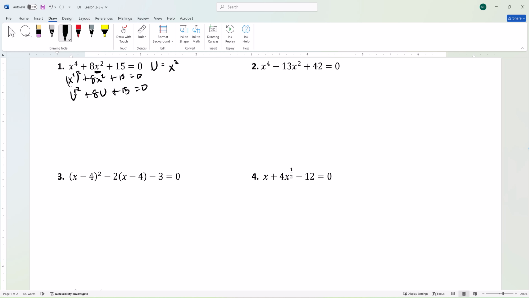Now the reason why we call it a quadratic type equation is by using the substitution, it now looks like a quadratic equation. So now a times c, 15, factors of 15 that add to 8 would be 3 and 5. So I can say u squared plus 3u plus 5u plus 15, factored by grouping.